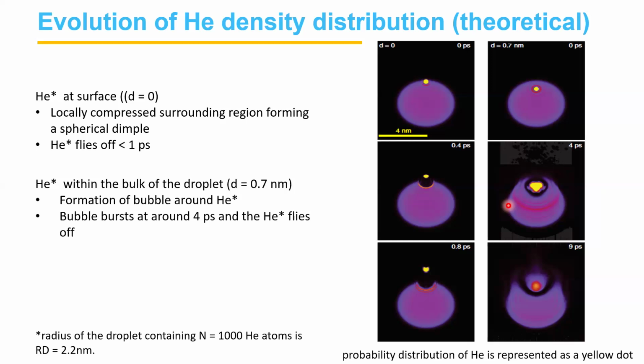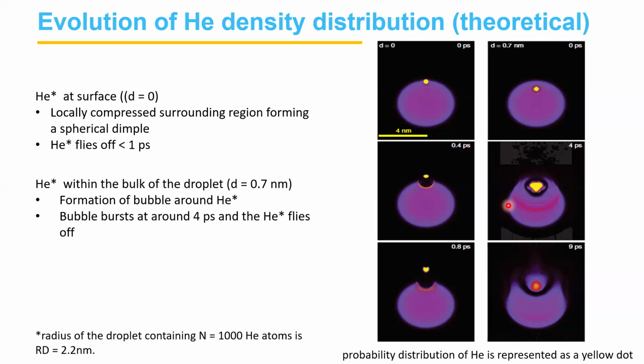At D equal to 0, it locally compresses the surrounding region, forming a spherical dimple. And after 0.4 picosecond, it slowly forms a spherical dimple, and after that it slowly flies off at something around 0.8 picosecond.